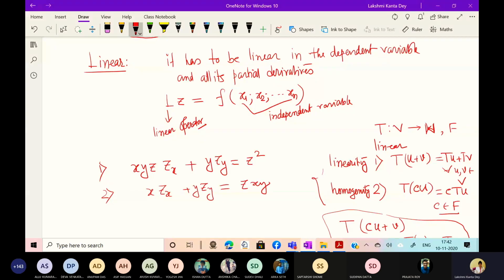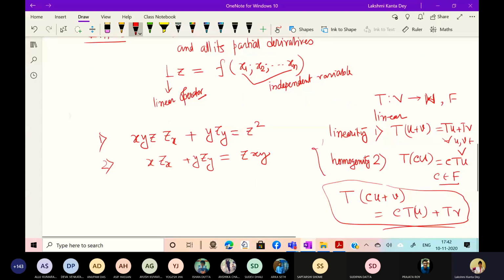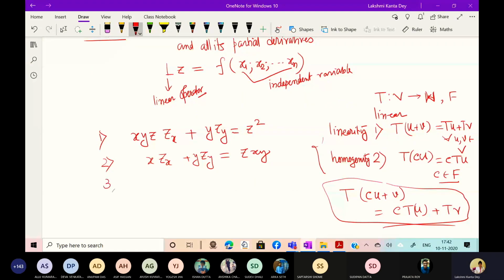This is the second. I give a third one: y squared z_y plus x y z_x plus y to the power 4 z_y is equal to x y z plus x squared y cubed. Who can say?